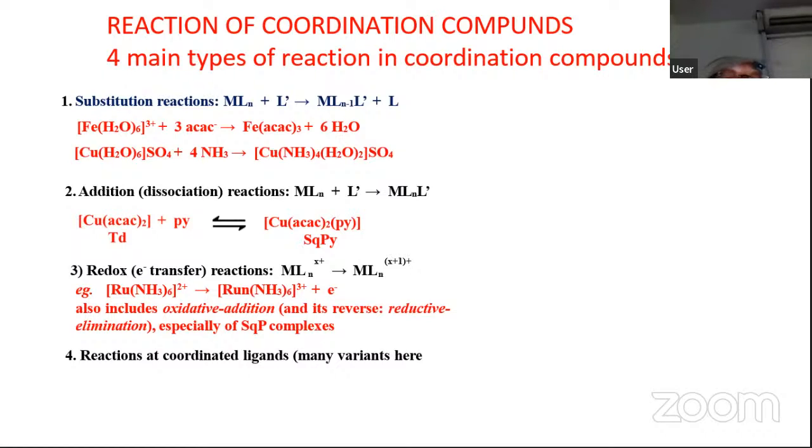Okay, for example, this is a hexa aqua ion. You react with the ACAC ligand. So 3 of the ACAC group will go into the coordination, and all the water molecules are replaced. So we have 3 ACAC ligand attached to the ion.